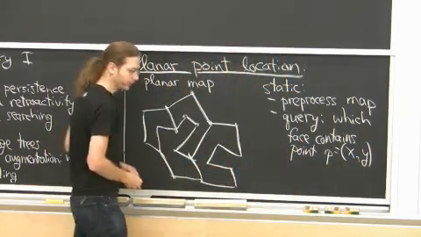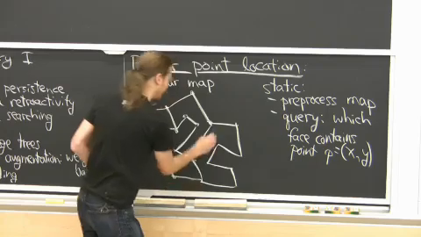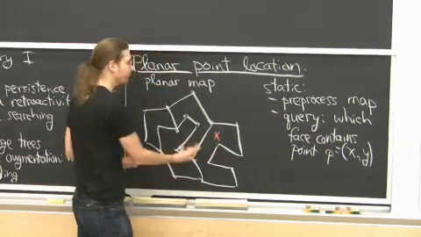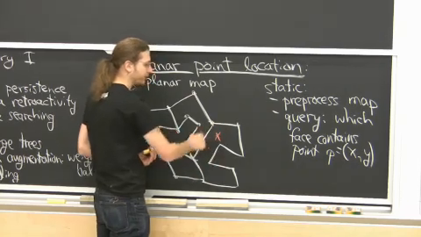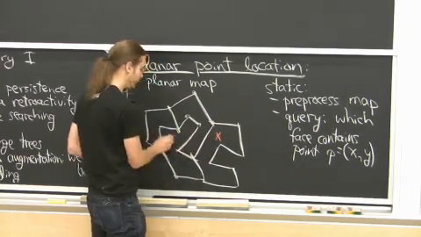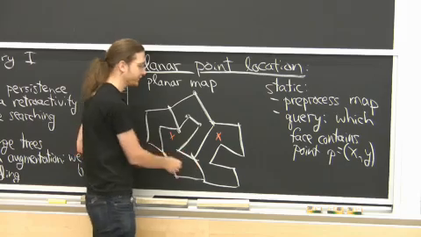So maybe I mark a point like this one. I give you those x and y coordinates. I want to quickly determine that this face is the one that contains it. Give you another point over here, quickly determine it's this face.